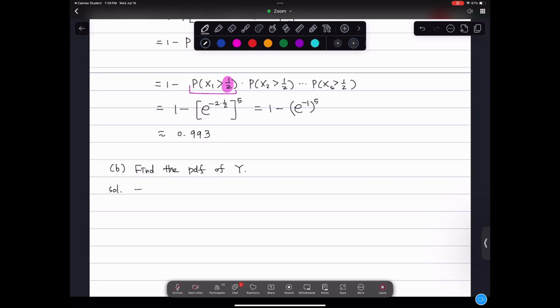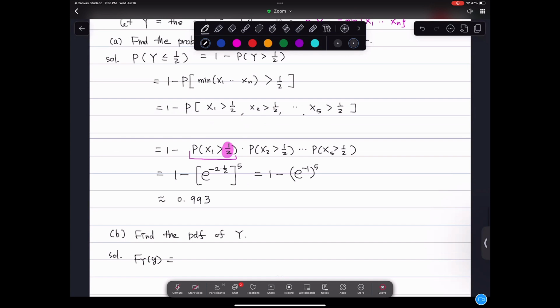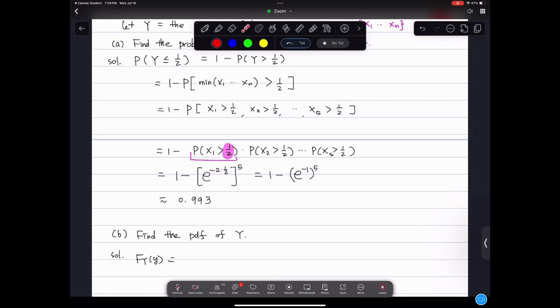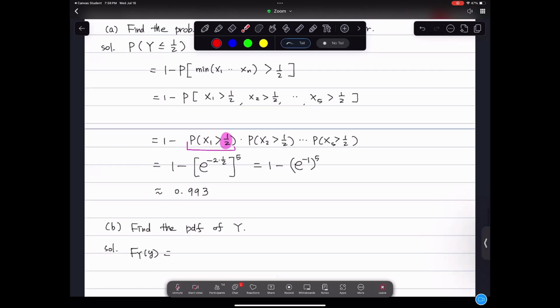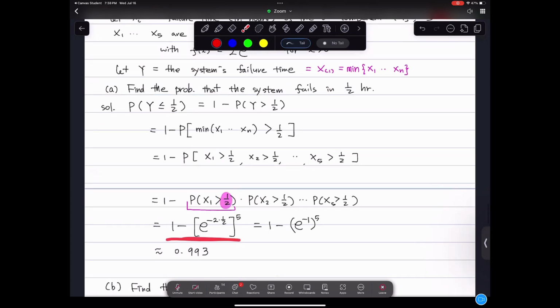Big F of Y equals, here we go, all the way. Big F of Y is pretty much the CDF. It equals all the way down to this over here. In fact, let me just be clear: this is nothing more than F of 1/2.